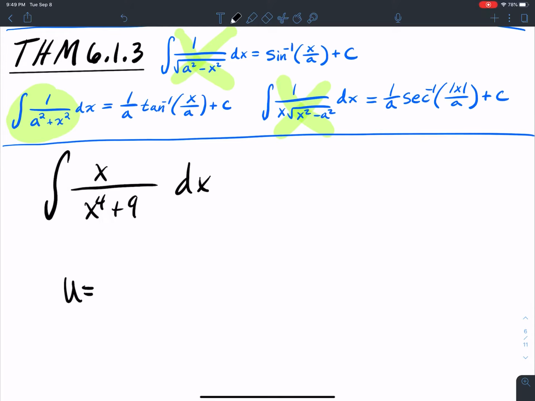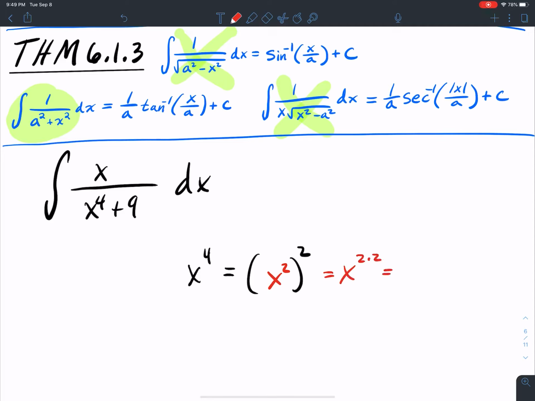So how do I write x to the fourth as something squared? Well, if I put x squared in here, then x squared squared, remember power to a power, I multiply, 2 times 2 gives me x to the fourth. So I'm going to rewrite this as the integral of x over x squared squared plus 9 dx, right? Okay.